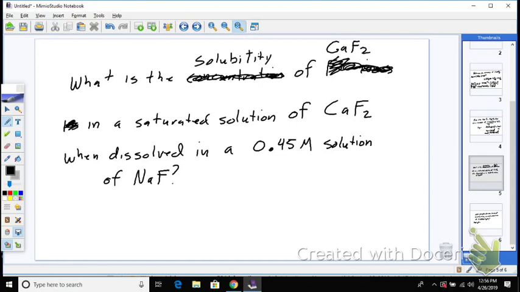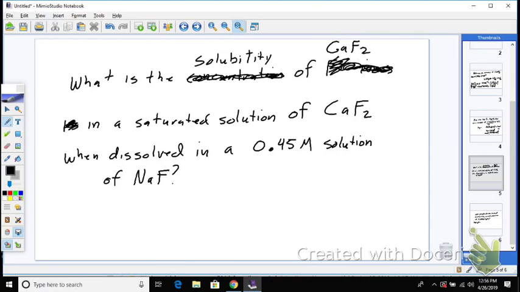Okay, what ion is common between what we're trying to dissolve and the solution it's in? What ions are similar? Fluorine. So fluorine's similar in both. CaF2 has a very low solubility to begin with.